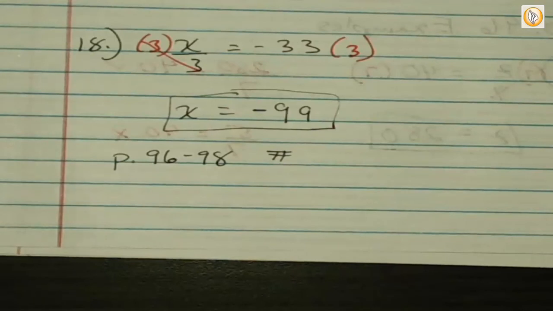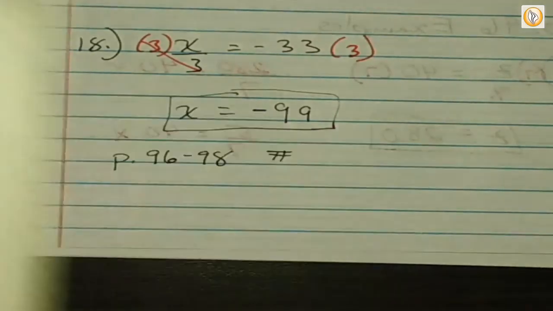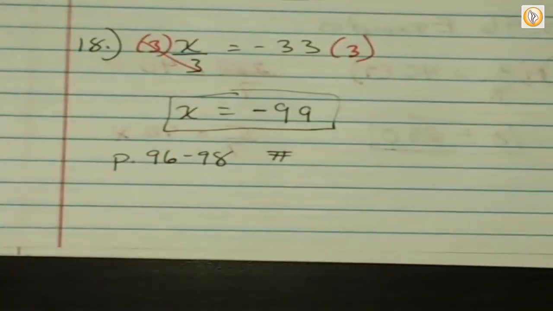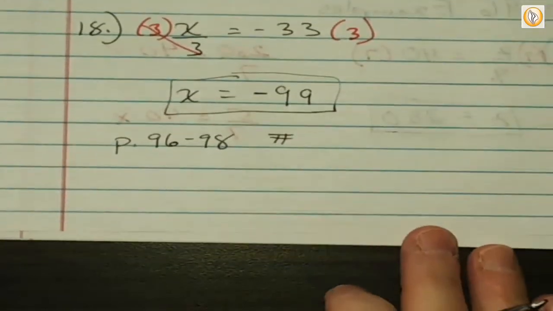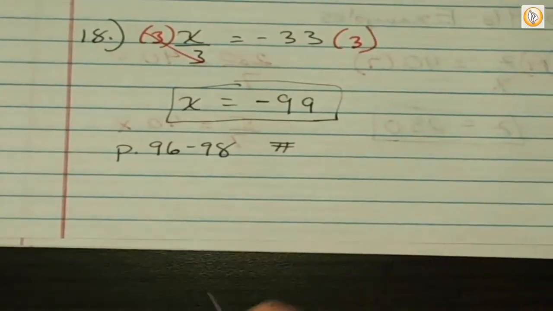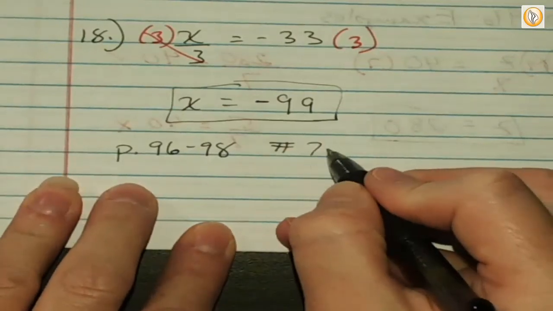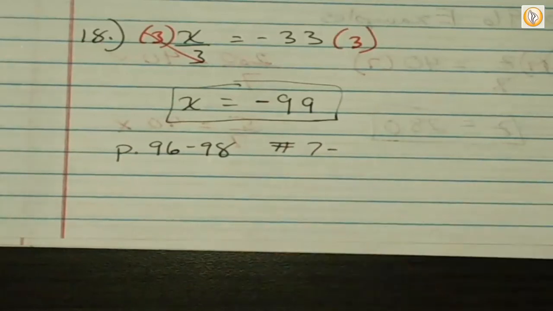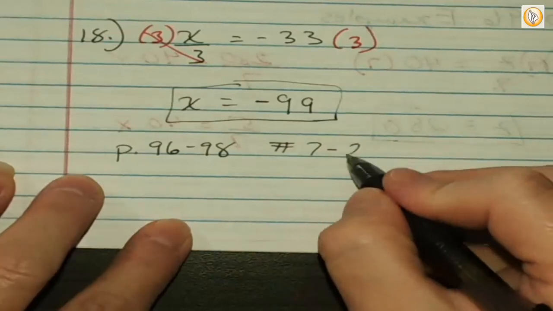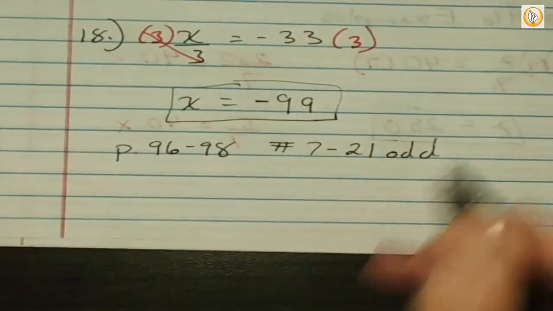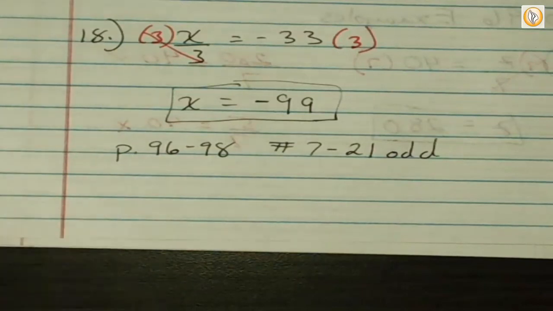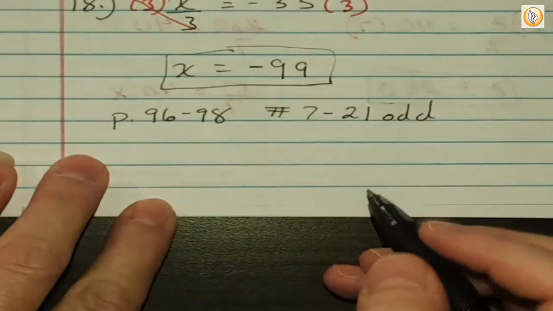I thought that was 96 through 98. No, those are page numbers. Okay, just making sure. You're doing numbers 7 through, odd. That's 8 problems.